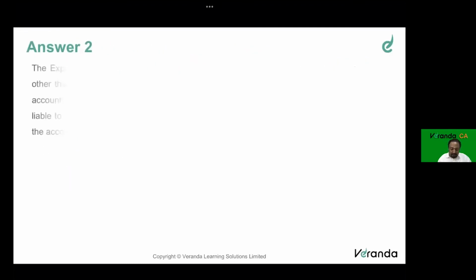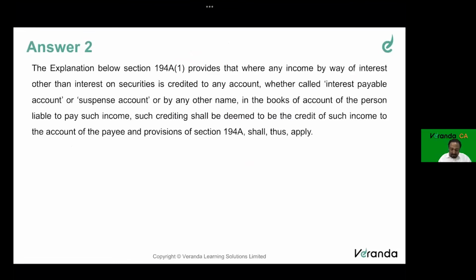First we'll see what the explanation says. When there is interest other than interest on securities under 194A, whenever it is credited, it could be to an interest payable account or even a suspense account. They say even if it is not actually booked into the depositor's account, even if it is a suspense account or any other name, while crediting interest, TDS must be deducted under section 194A.